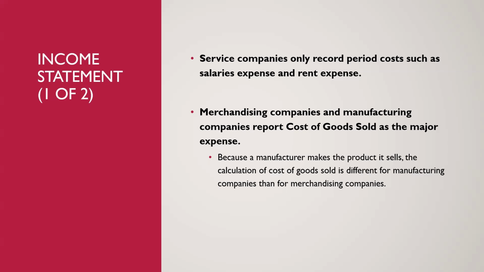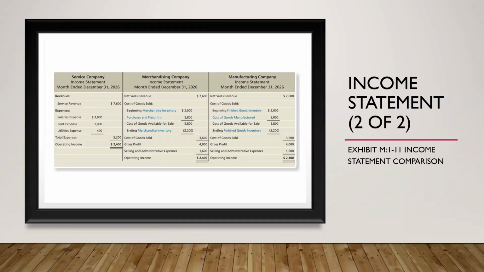However, in a manufacturing company, as in a merchandising company, the cost of goods sold is usually the largest expense. However, because a manufacturer makes the product it sells, the calculation of cost of goods sold is different. Here you see the difference between a merchandising company's calculation of cost of goods sold and a manufacturing company's calculation of cost of goods sold.